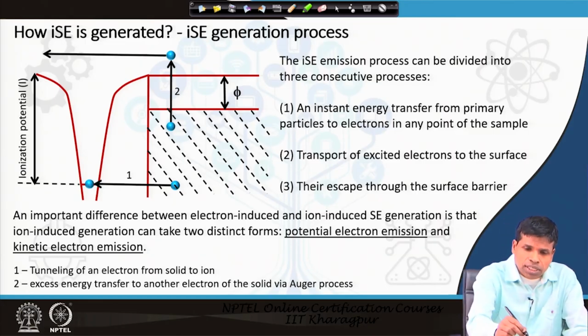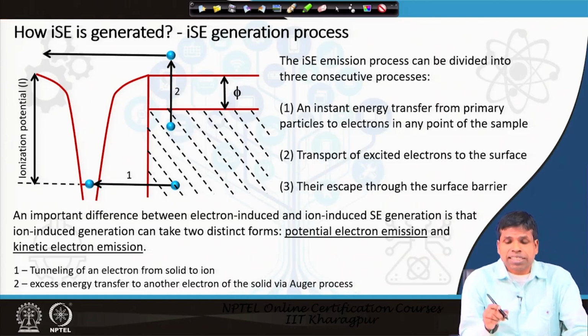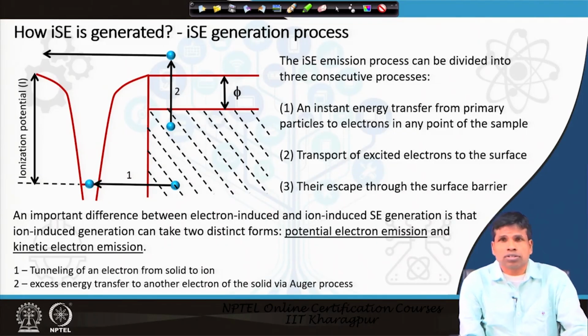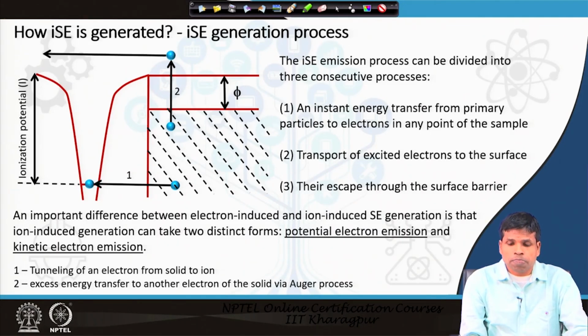The first step is an instant energy transfer from primary ions to the particles, that is electrons, in the specimen, at any point in the specimen. First, energy transfer from primary ions incident on the specimen to the electrons inside the specimen will happen.